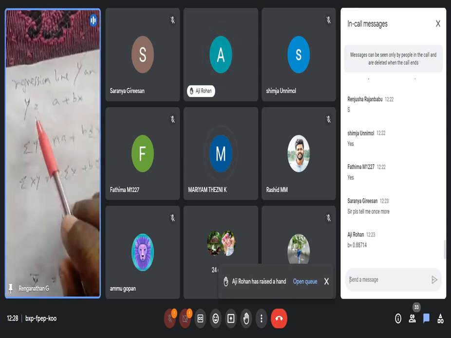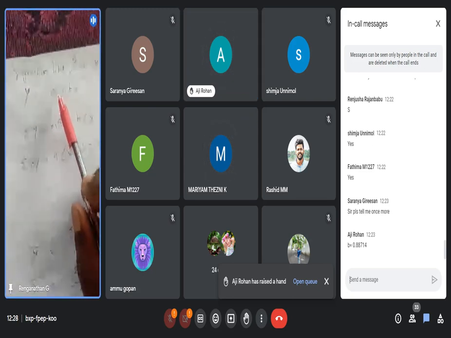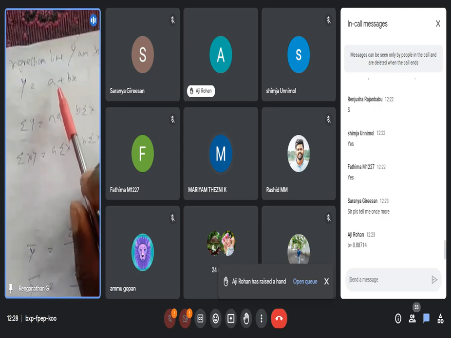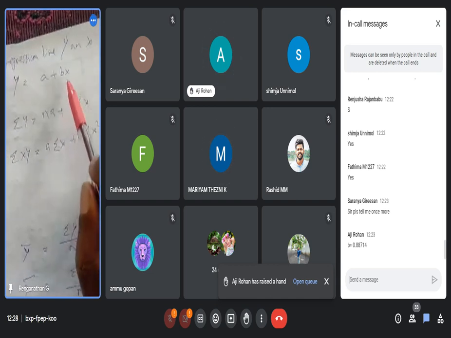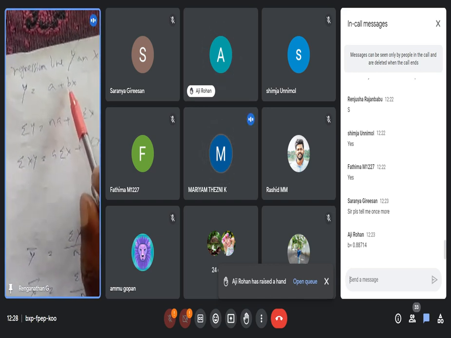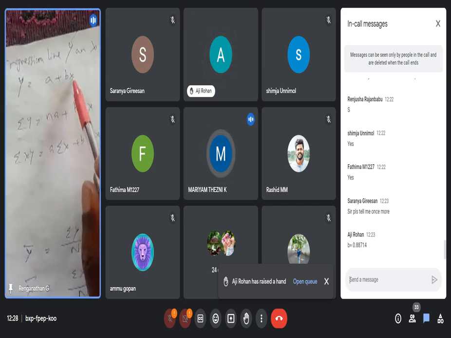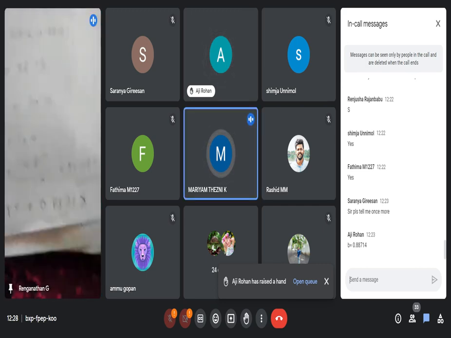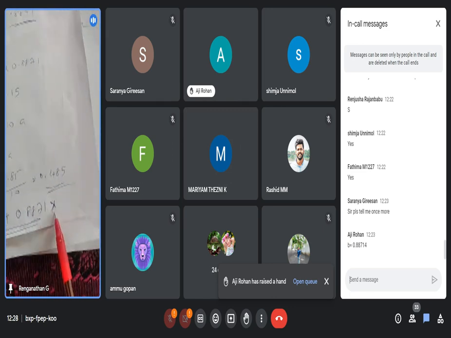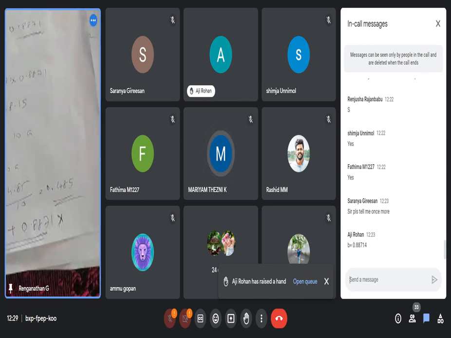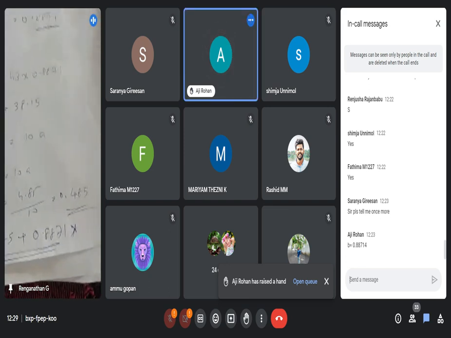Here the value of a we found is 0.485, then plus the value of b, 0.8871, then x is there. That is how it appears: y is equal to 0.485 plus 0.8871 x. Understood? The x remains as x.